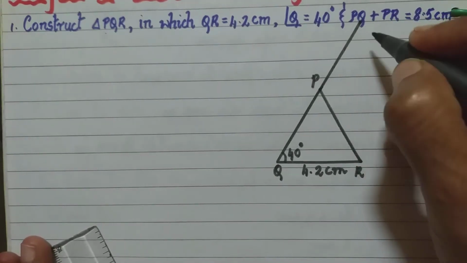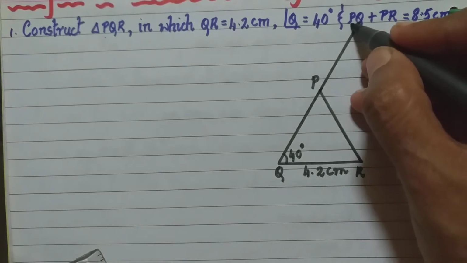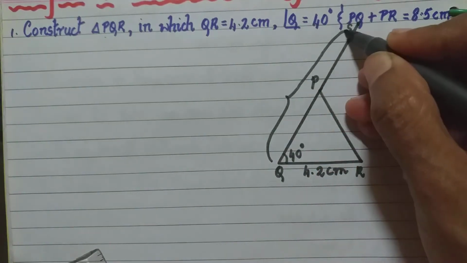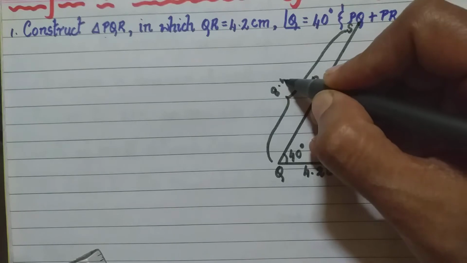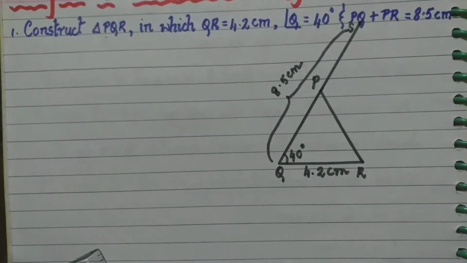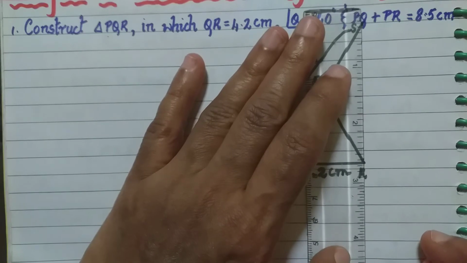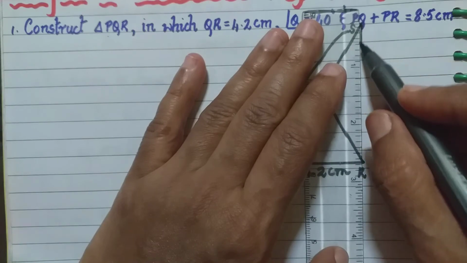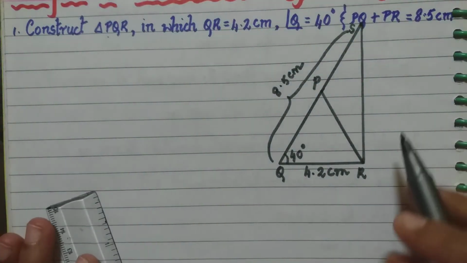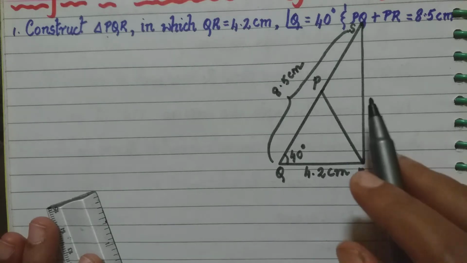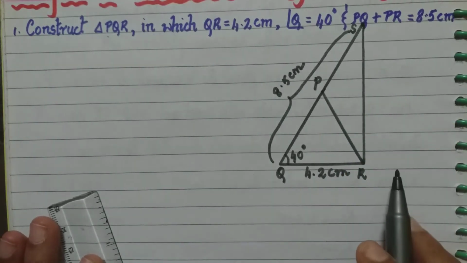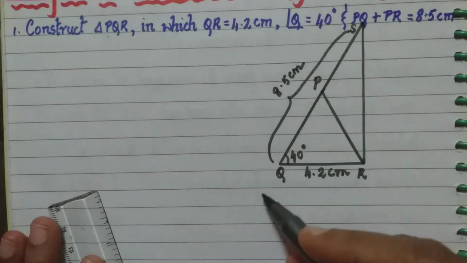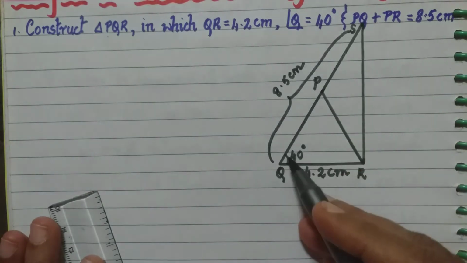So if we take this point here as S, then this QS will be 8.5 centimeter, and now I can join this S to R. Since after I join S to R, I draw the perpendicular bisector of this side QS.